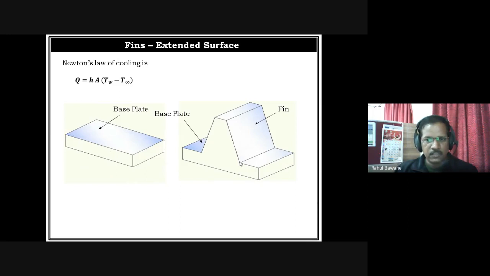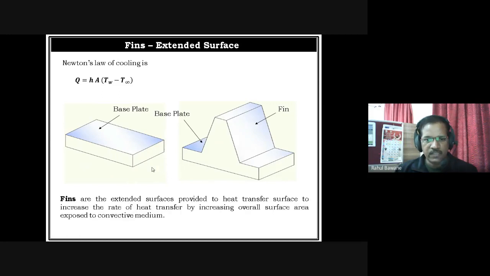But now, due to the addition of these fins, this taper surface, then this top flat surface, and the second side taper surface are added. So the overall surface area exposed for heat transfer increases. So definitely from the same base plate, the rate of heat transfer will be increased by using this fin.